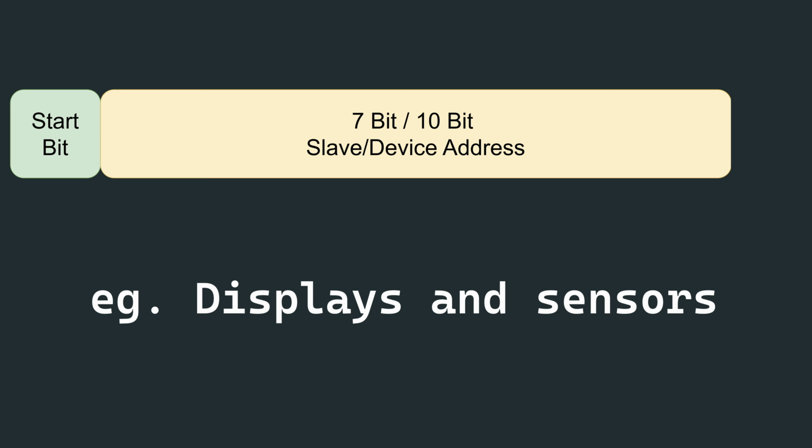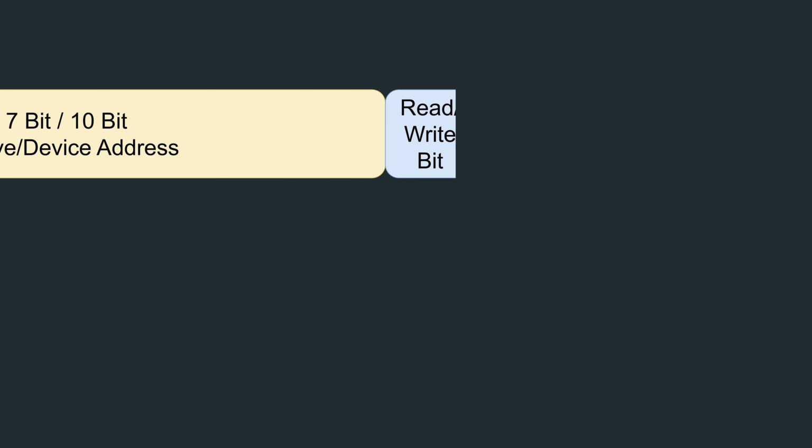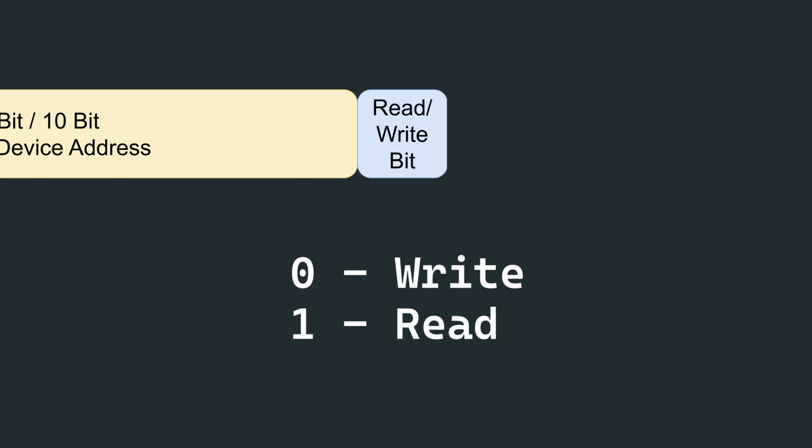This is the device we want to send data to or get data from. After that, a read-write bit follows, where a 0 indicates a write and a 1 indicates a read. This bit is used for the slave to know whether to send or receive data.